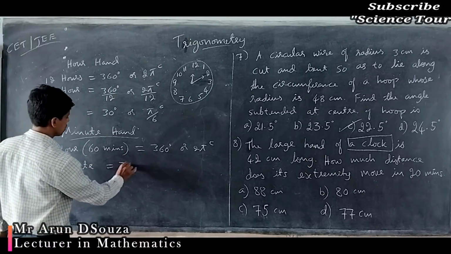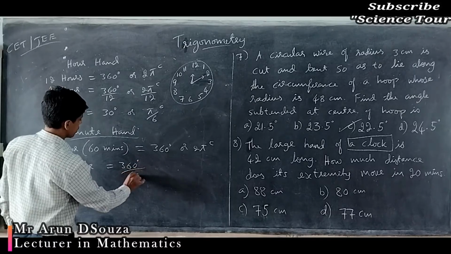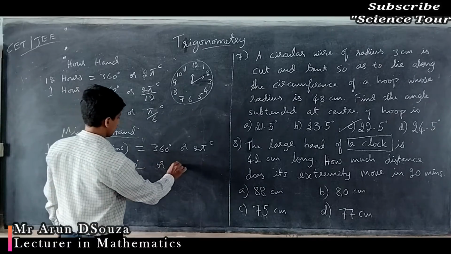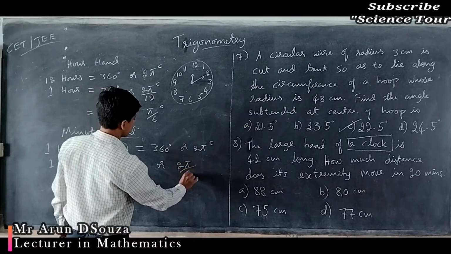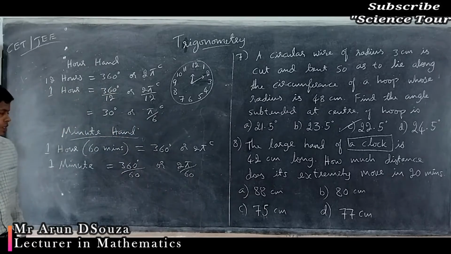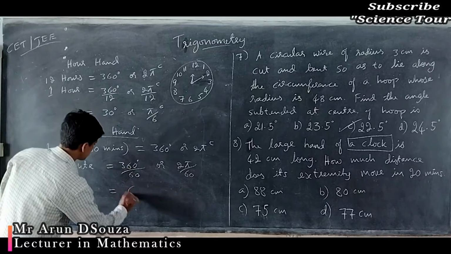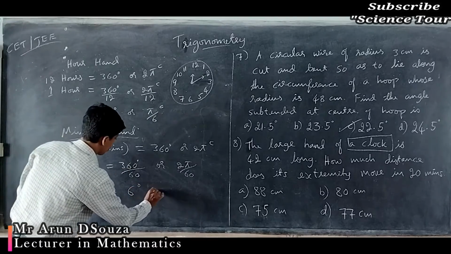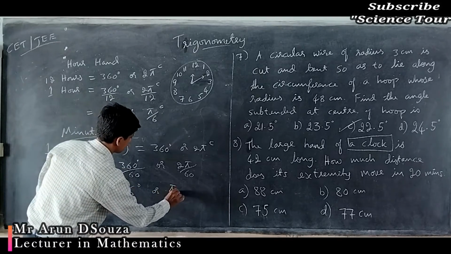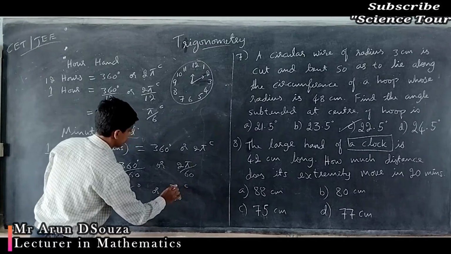So that is 360 divided by 60 or 2 pi radian divided by 60. So how much is it making? So that will be 6 degrees or it is pi by 30 radian.